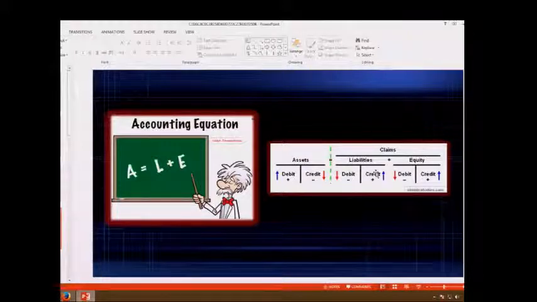So if I do that $30,000 owner investment that we were talking about a while ago, and I put a $30,000 debit under assets, then over on the right-hand side, I would have to do a $30,000 credit under equity.